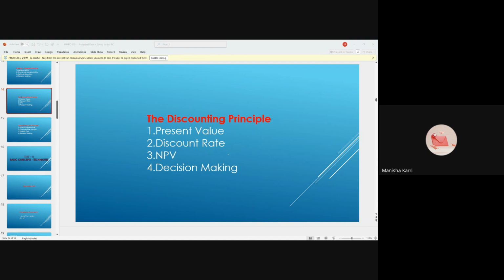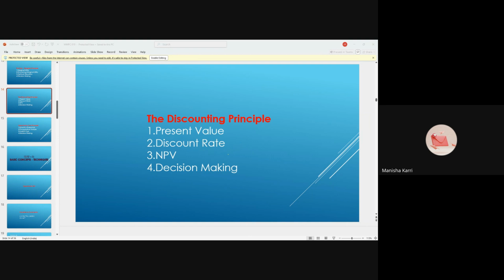There are some key points that this discounting principle includes. First one, as you can see on the screen, is present value. Here the discounting principle is used to calculate the present value of future cash flows. This is done by discounting the future cash flows back to their present value using a discount rate.